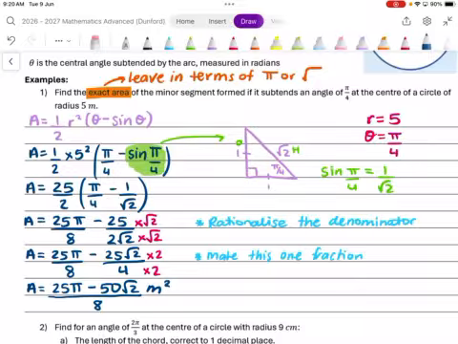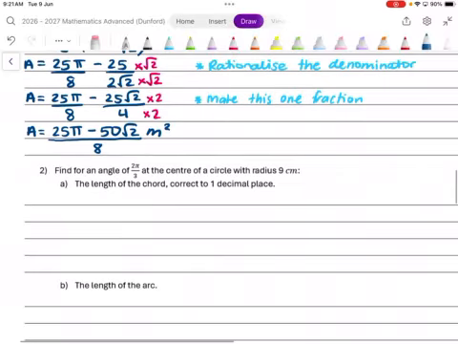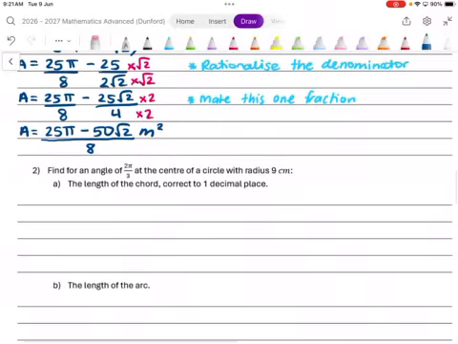Okay? Our next example is to find, for an angle of 2 pi on 3 at the centre of a circle with radius 9 centimetres, the length of the chord. In order to find the length of a chord, it's going to help us to draw a circle, put our radiuses in, and draw our chord.